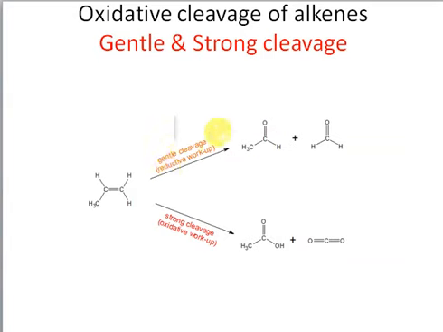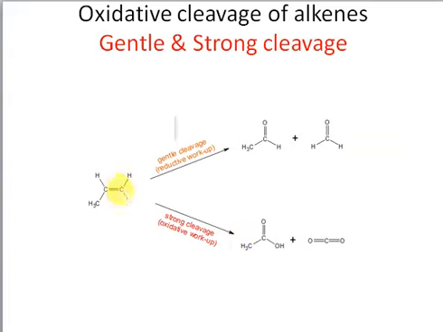this will form formaldehyde and this will form acetaldehyde as well. Now in the case of strong cleavage, when we use very strong, harsh reagents, the workup is oxidative in nature. So in oxidative workup or strong cleavage, we get carboxylic acids. This carbon with two hydrogens will not form an aldehyde, it will form carbon dioxide.